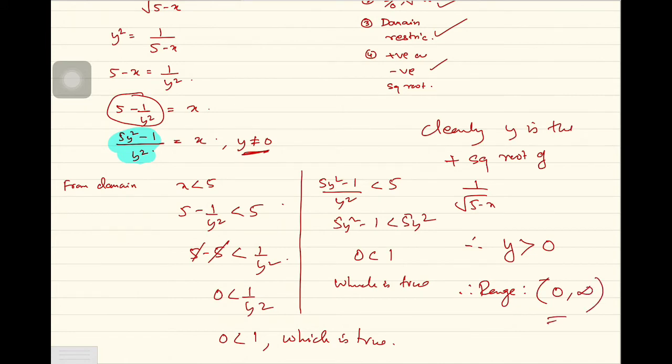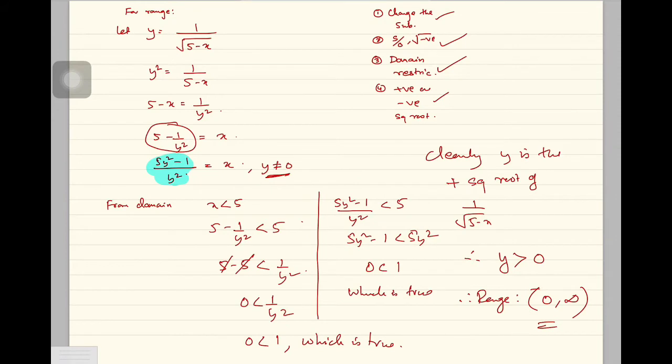Again I repeat, so I think there is a little confusion here. From the domain we had the condition that x has to be less than 5. Using that condition I get an obvious condition where 0 is less than 1, which is true. Even the other way I have done it, using the upper and the lower function, it's the same working actually. That means it seems as if all values of y are accepted, but clearly I know y can't be 0.